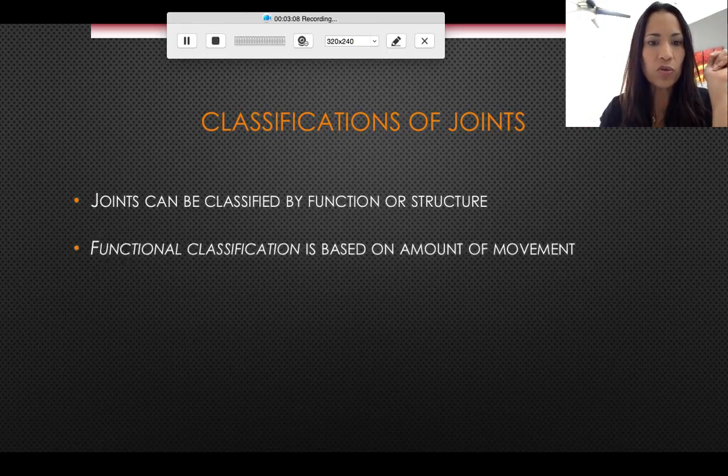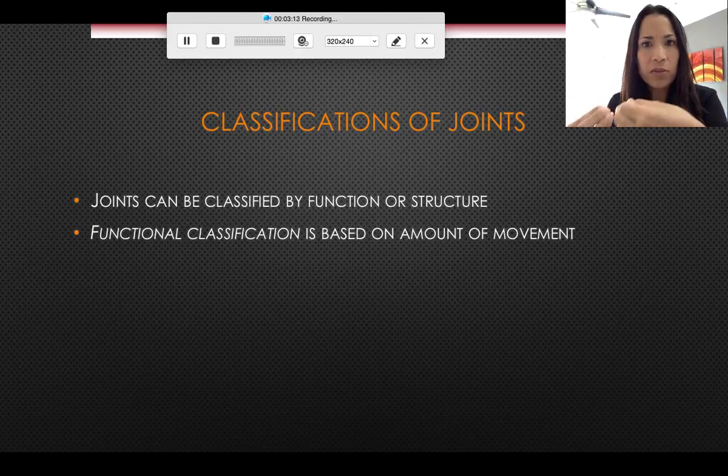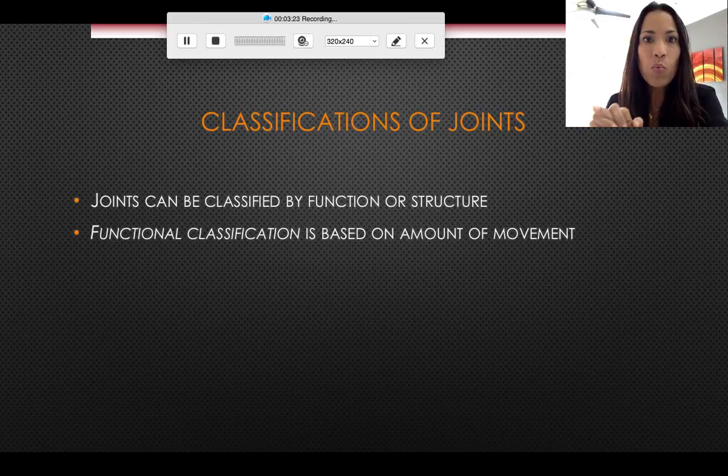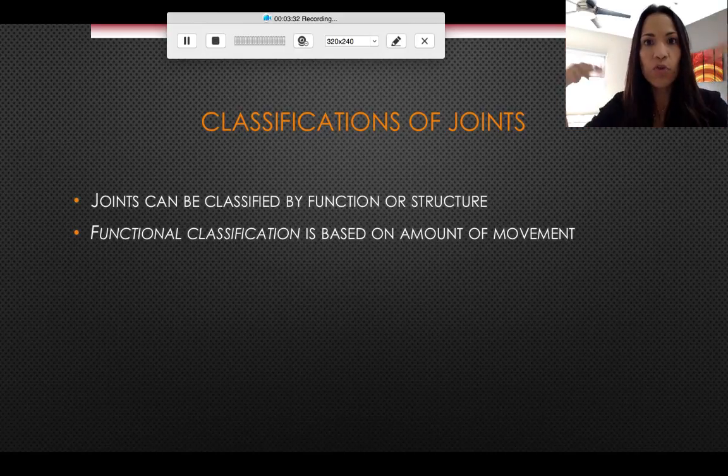We're going to start describing the functional classification, which depending on the amount of movement that the joint we're referring to allows, well, we're going to classify it, okay? And maybe when we think about joints, the first thought that comes to our mind is movement, right?